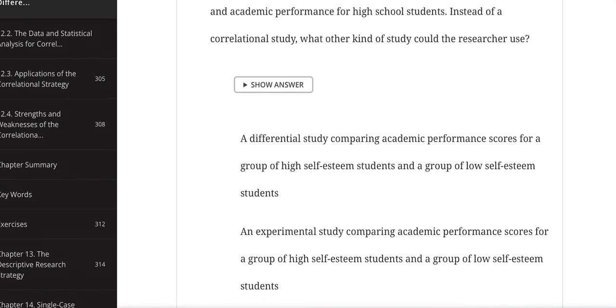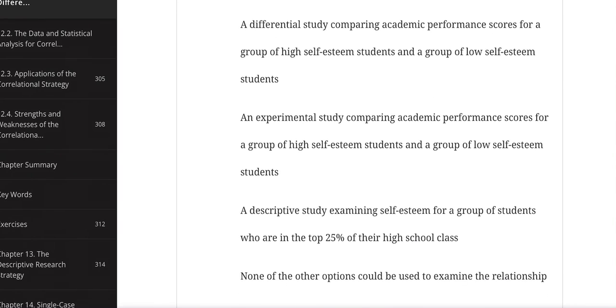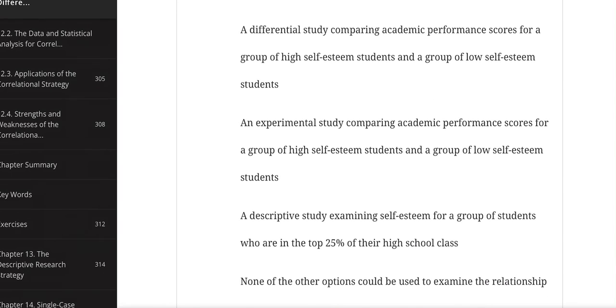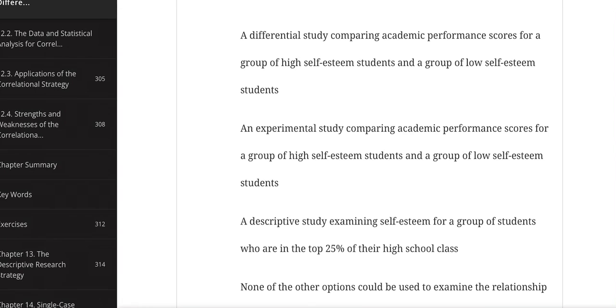If we wanted to do it a different way, it says a differential study comparing academic performance scores for a group of high self-esteem and low self-esteem. Well, that's what we talked about right there, right? You would just put them in the high self-esteem group and a low self-esteem group and compare the academic performance. So that is definitely a possibility, but let's look at the other ones.